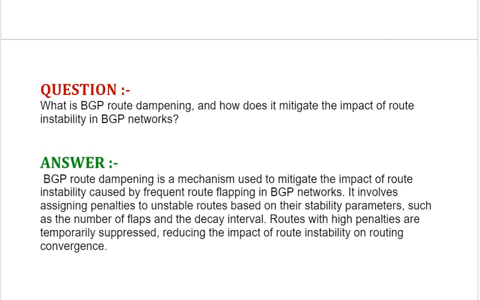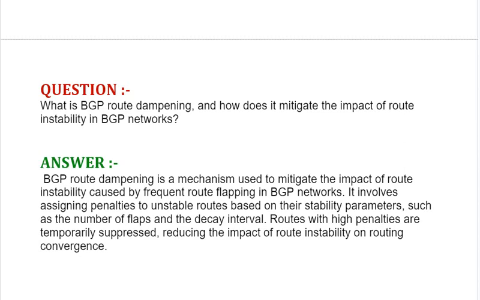Our interview question based on Service Provider Advanced Routing Solutions is, what is BGP route dampening and how does it mitigate the impact of route instability in BGP networks? Your answer should be, BGP route dampening is a mechanism used to mitigate the impact of route instability caused by frequent route flapping in BGP networks.